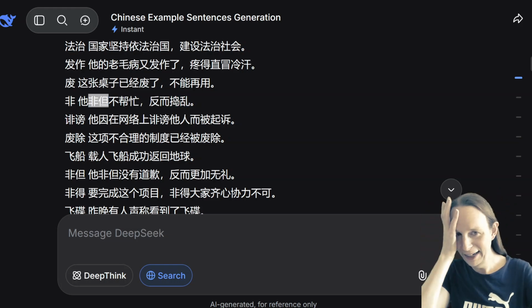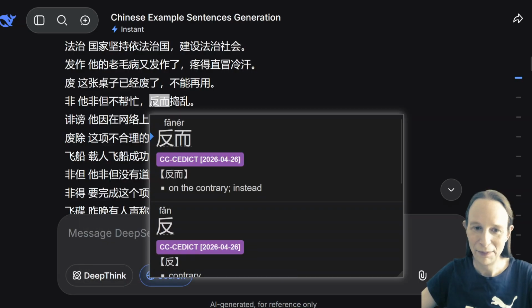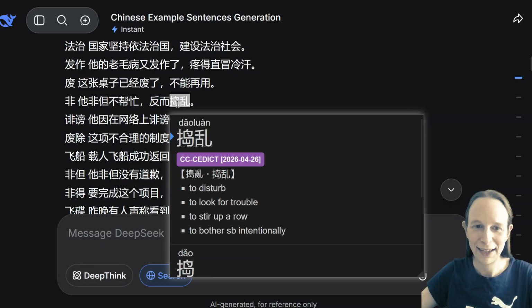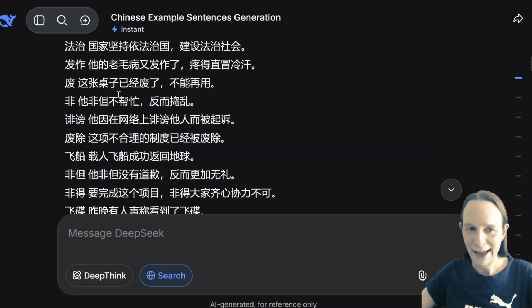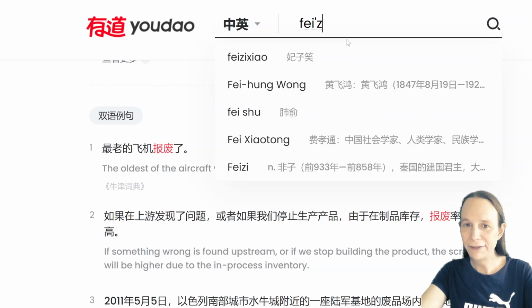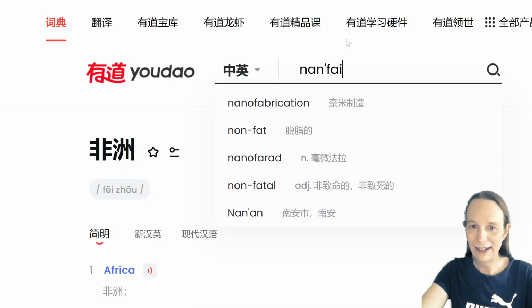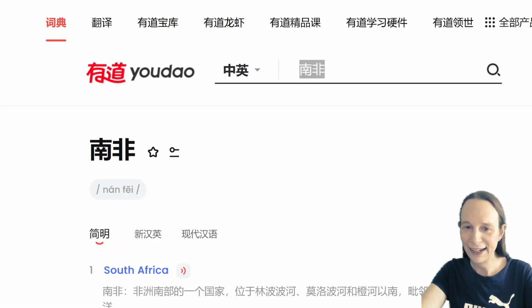So not only didn't help, but also caused chaos. 非但, not only, but instead caused trouble. 非, it's obviously used in 非洲, continent of Africa. 非洲人, and 南非, South Africa, the country.